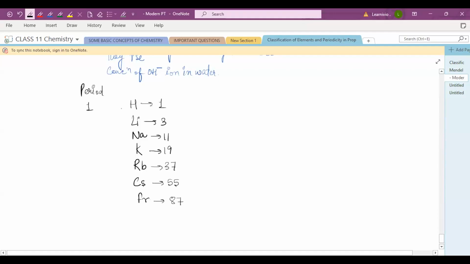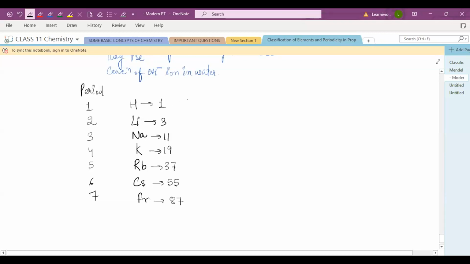If you assign period numbers, hydrogen belongs to the first period, lithium second, sodium third, and so on up to seven.